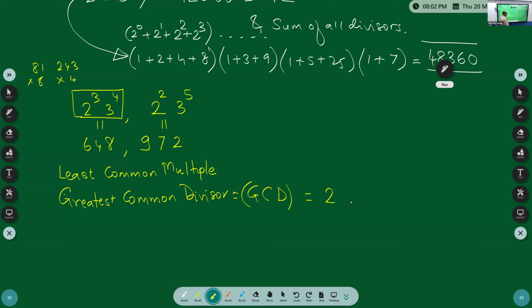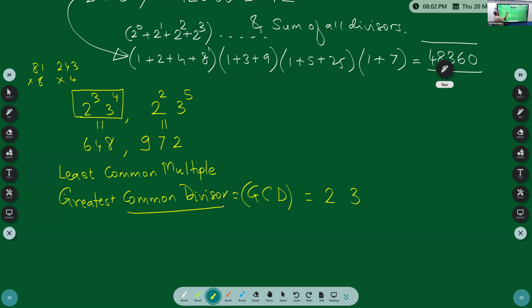So 2 and 3 will be the primes present in the GCD. Now, I will look for shall I look at 2 raised to 2? 2 raised to 2 is going to be available in this list of divisors. But 2 raised to 3 will not be available here. So if we are looking at common divisors, I should look at 2 raised to 2 as my biggest power.